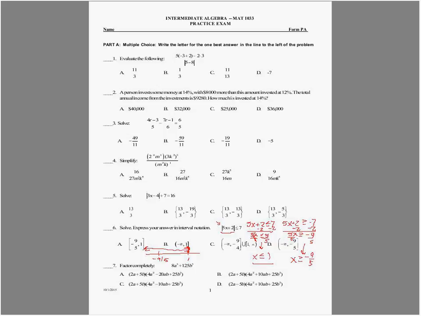Greater than or equal to -9/5 would go this way. What we want is the overlap, so from here to here. So like this: the bracket -9/5 to the 1 with the bracket. So I've got answer A.